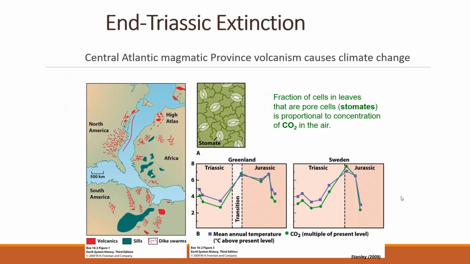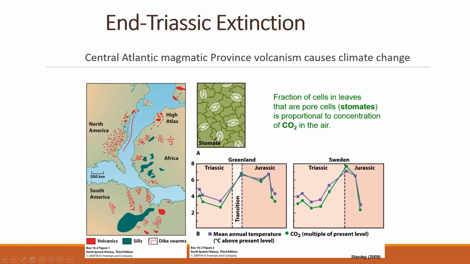At the end of the Triassic, we had another extinction. So remember, I was saying it's a good thing we don't have any of these modern examples of these massive outpourings of volcanic material. Here's another example. This happened in the central Atlantic, and this is thought to have caused climate change. We have records that give us an indication of the proportional concentration of carbon dioxide in the air.